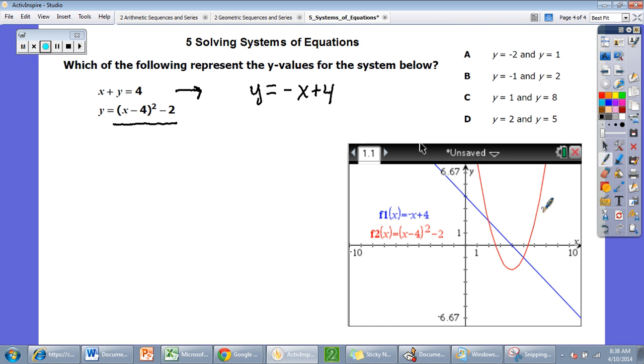The red one is the second equation, the blue one is the first equation, and I want to see what my solutions are. So I'm going to look here and see that I have one solution right here.